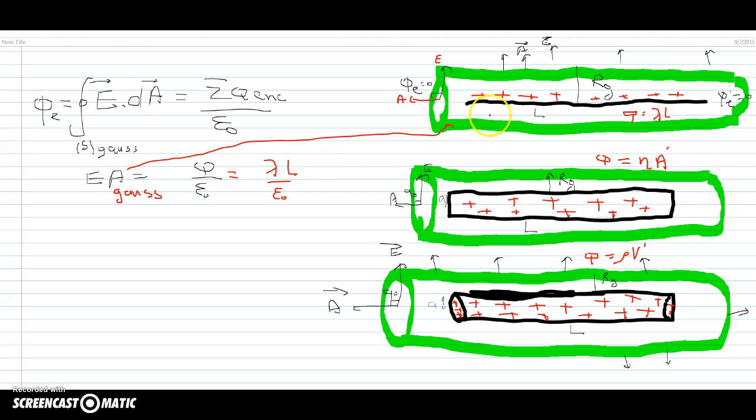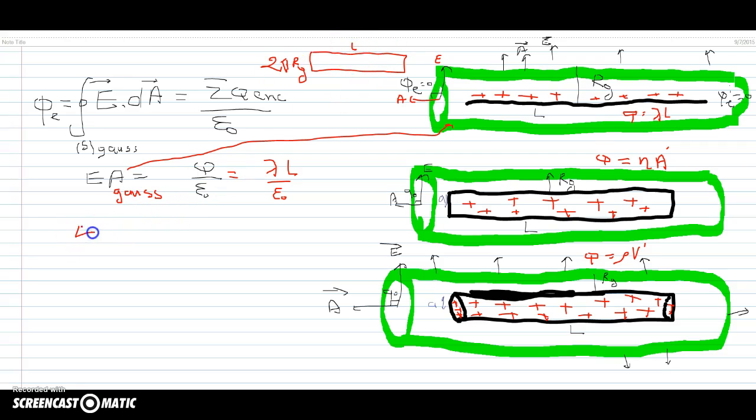Now, what is A? A is the lateral surface of this infinite cylinder, which is the Gaussian surface. If you open this green cylinder, you end up with a rectangle. So this is Rg, the circumference is 2 pi Rg, and this is L, and the area is just the product.